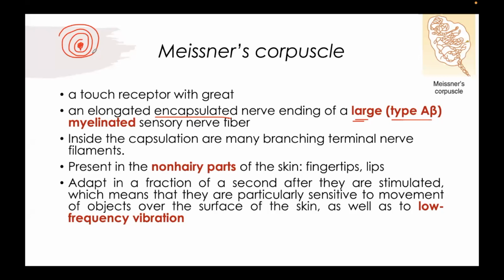This is the myelin sheath. Now, my question is very simple. What cell produces the myelin sheath in the peripheral nervous system? PNS, peripheral nervous system. Very good, it is the Schwann cell.